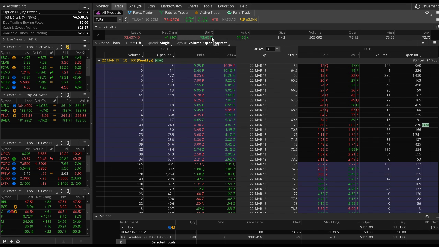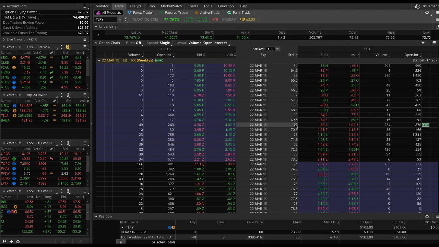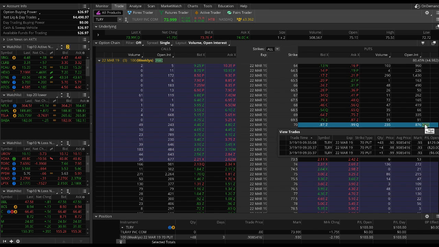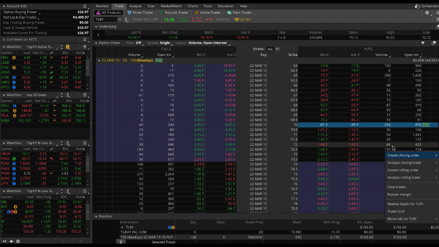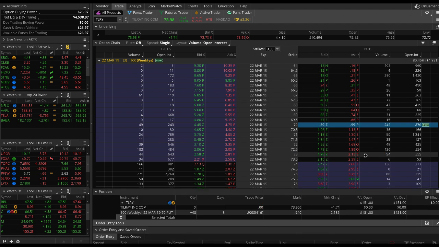It currently trades at, well, 74 bucks. We bought them $4 out of the money, so these 70 puts, in the calculation, it can actually reverse and hit a level of maybe 65. So we're going to set a limit order to sell some of these. Create closing order.